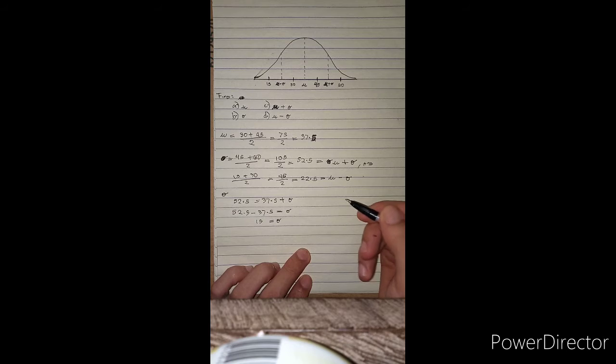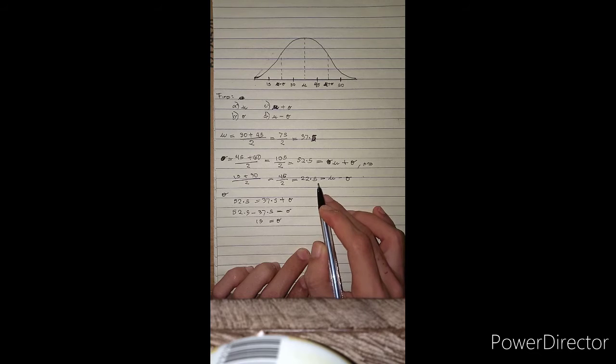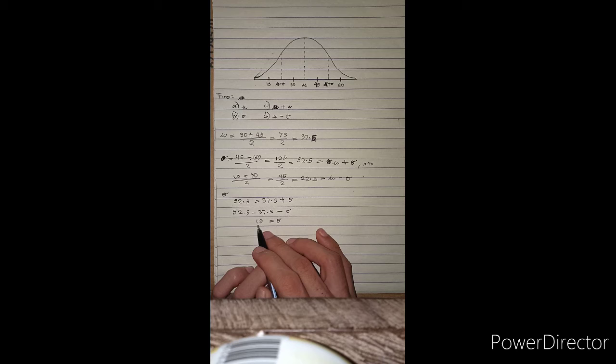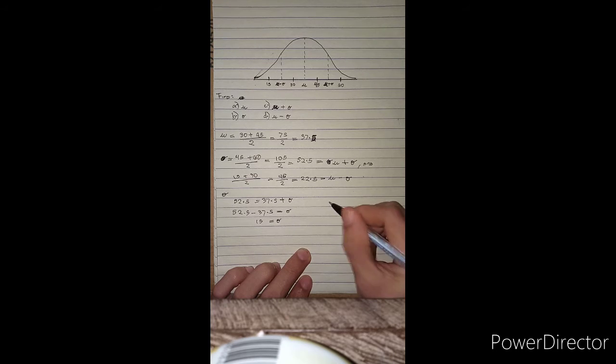Let's check if mean minus its standard deviation, which is equal to 22.5, will also have an equivalent standard deviation of 15. So we have 22.5 equals 37.5 minus standard deviation.